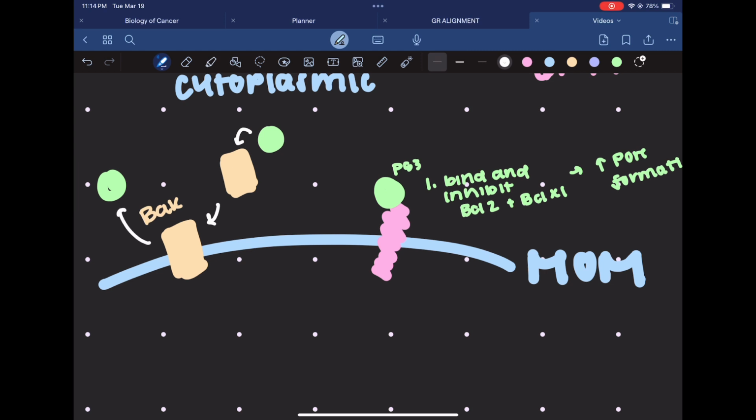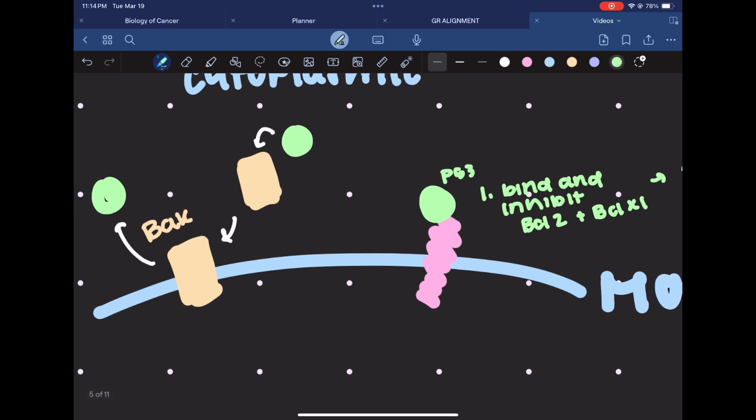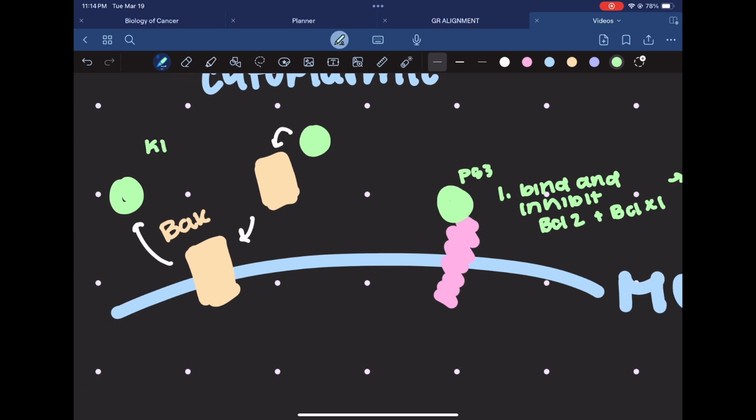So this is the activity that we call kiss and run. So p53 can do that as well for our BAK and BAX proteins, inserting them into the membrane.